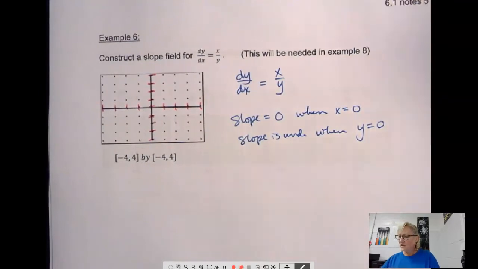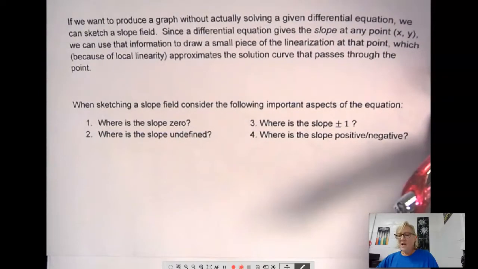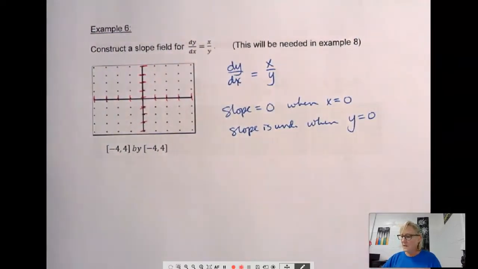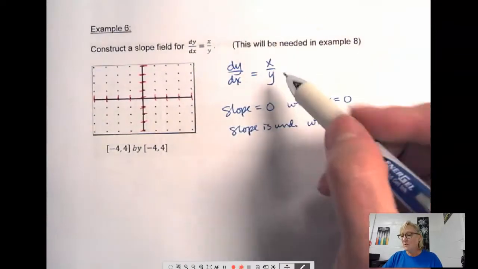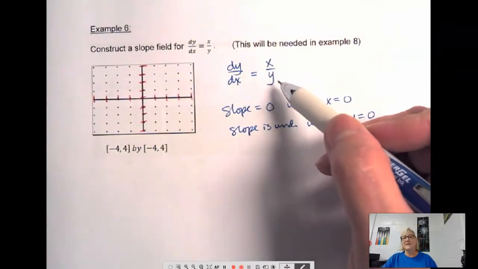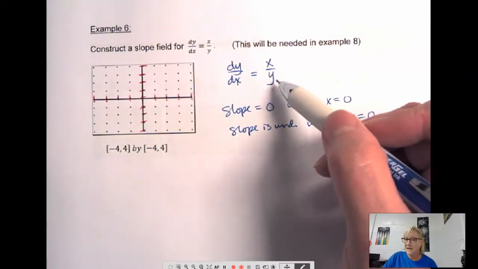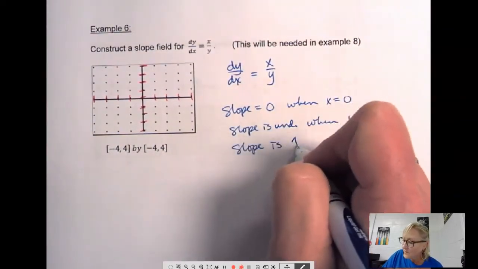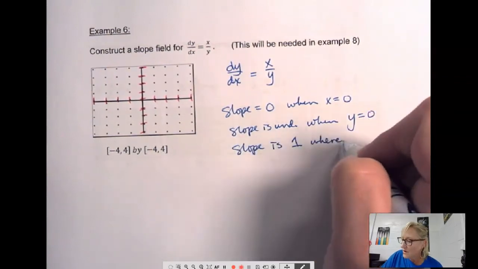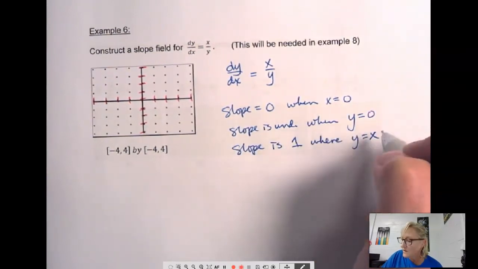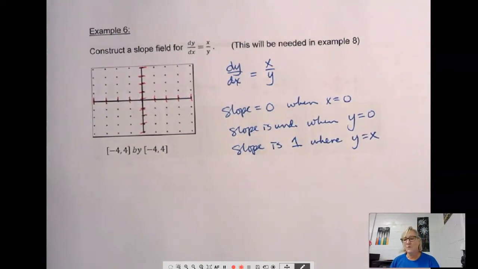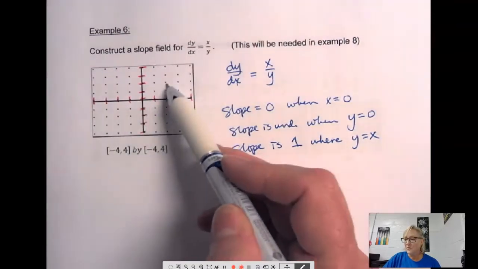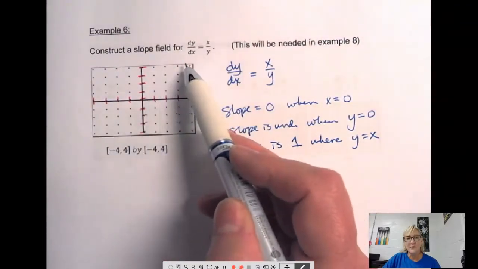Okay, so let's keep generalizing. Where is the slope 1 or negative 1? Okay, so this slope would be 1 anywhere that x and y are the same exact number. So that includes negatives, right? So slope is 1 where y equals x. Well, y equals x is this line that goes straight through both of these quadrants and through the origin.